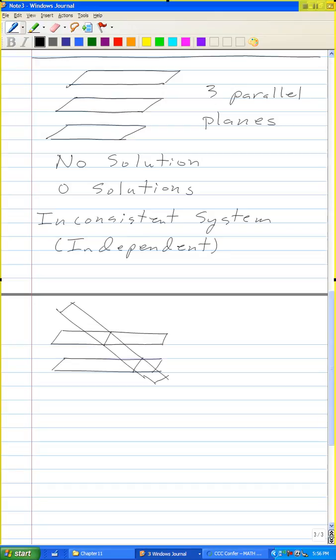And so in that case, two of the planes will intersect, and you'll have two pairs of intersecting planes, but the lines that they intersect upon will actually be parallel lines. So we have two parallel planes. So that's again another case of having no solution. And so this is an inconsistent system.